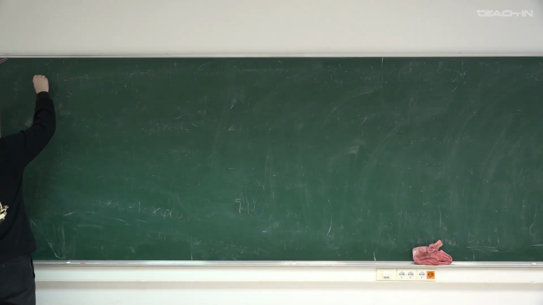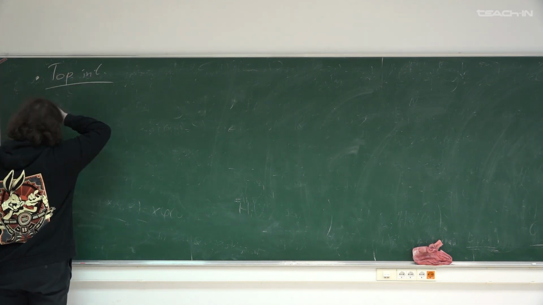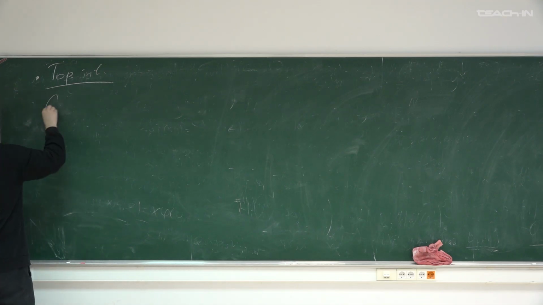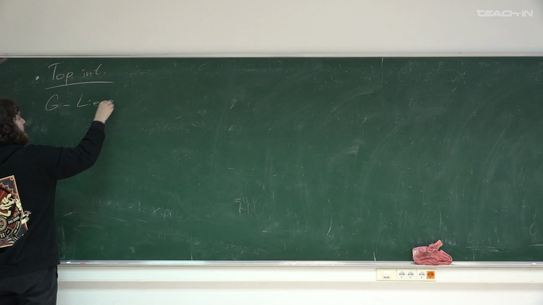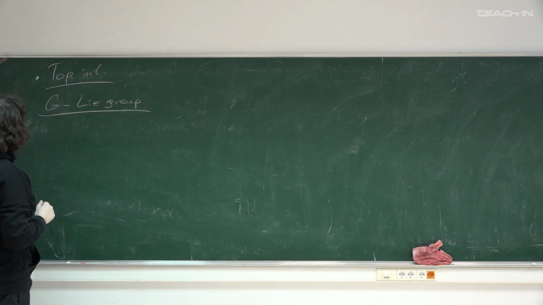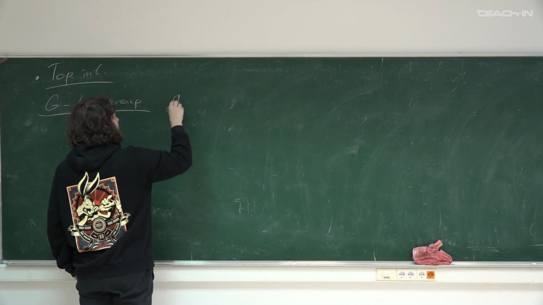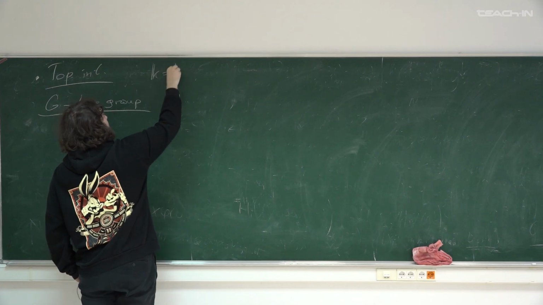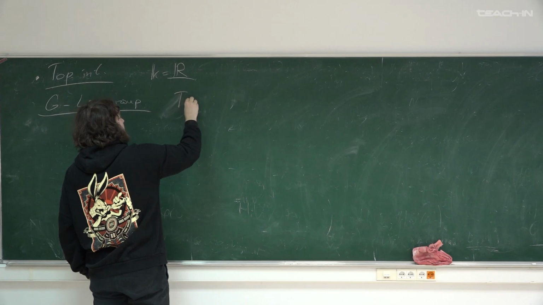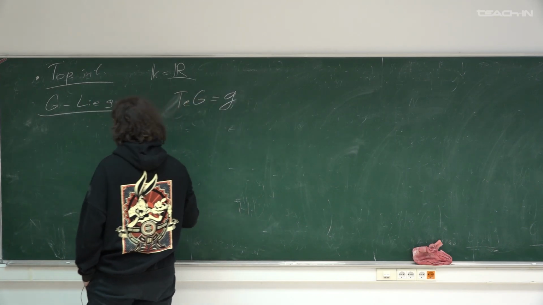Before this, some topological interpretation. Let G be a Lie group, now over the field of real numbers. Then its tangent space at the unit is a Lie algebra, the corresponding Lie algebra.